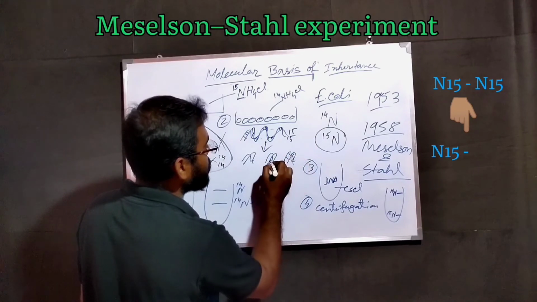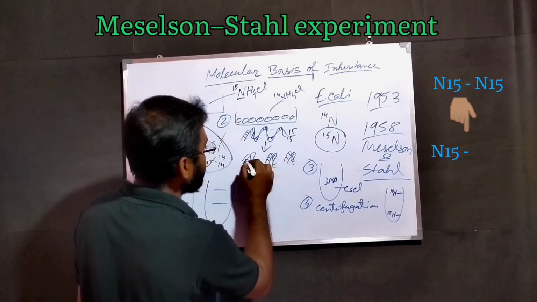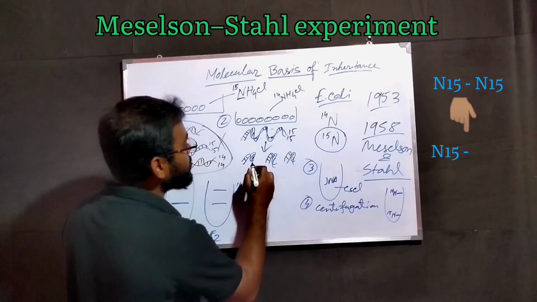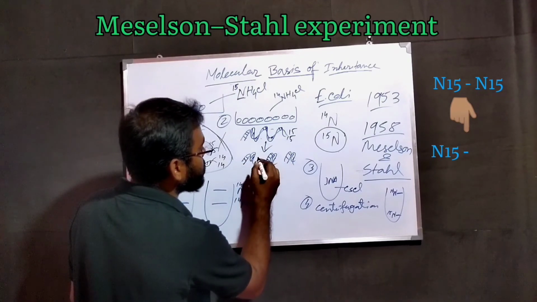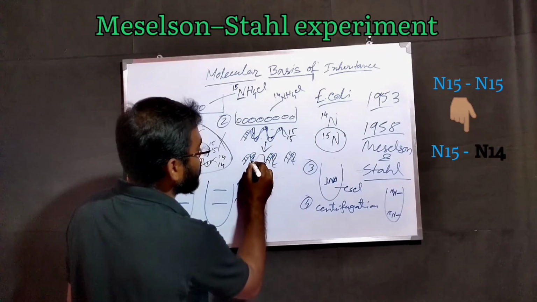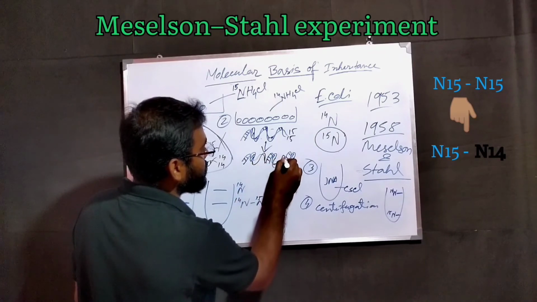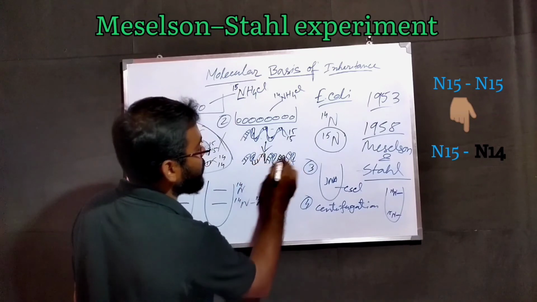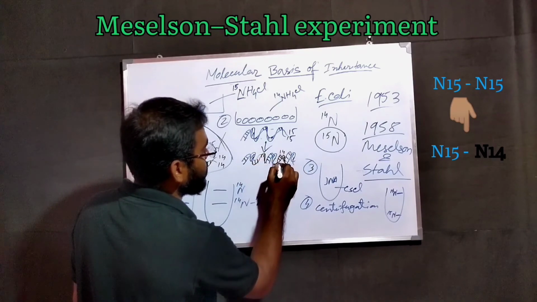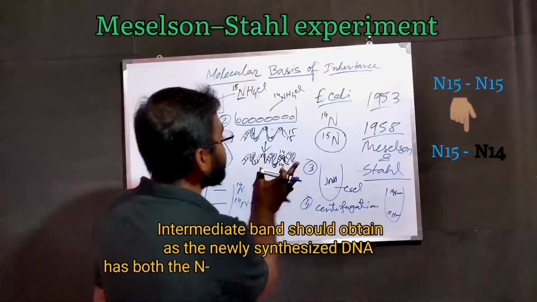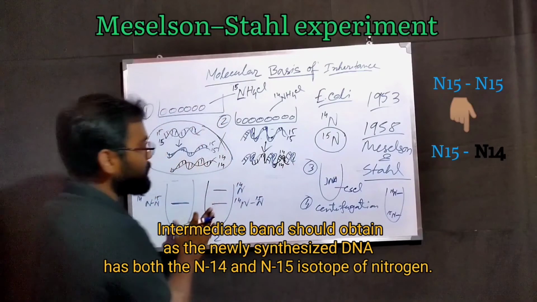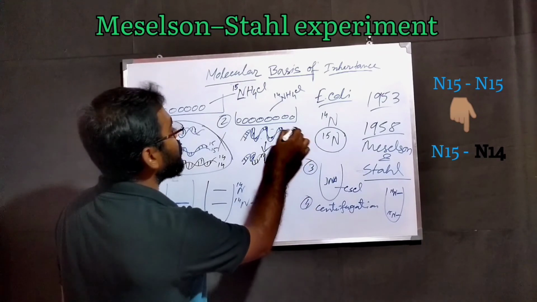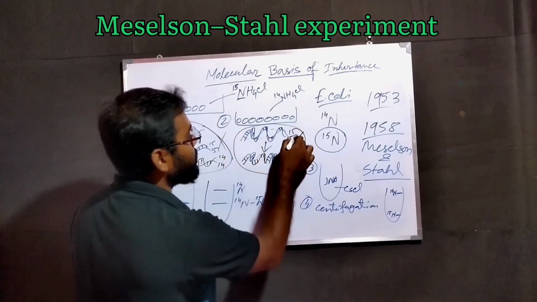This blue is for N15, and they will synthesize a new one. This black is for N14. So we will get an intermediate band, but Meselson and Stahl did not get it. So the dispersive method is also rejected.